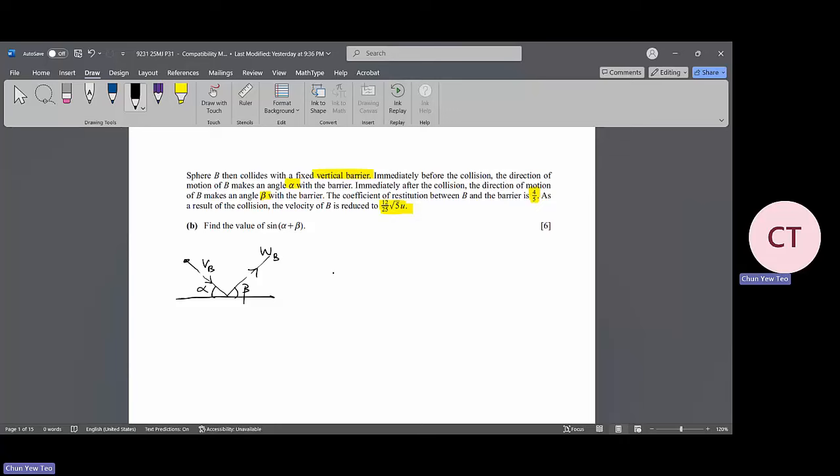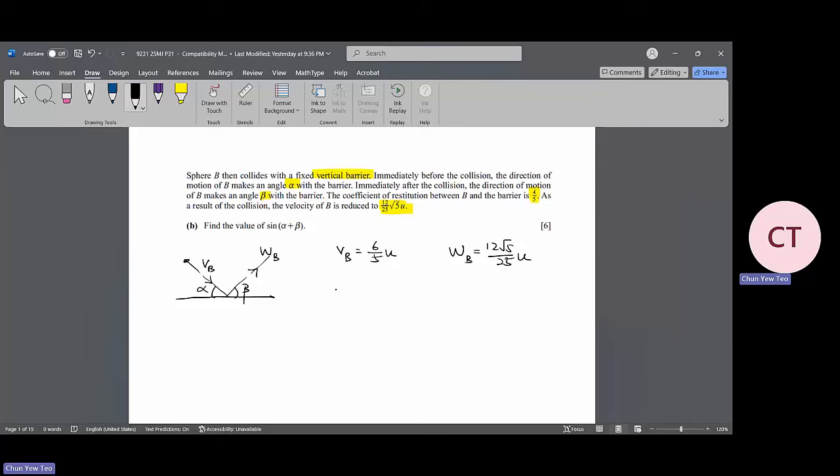So what you need to do is write down the VB and WB first. VB we already know from part A just now, the VB was 6 over 5 u. The WB is given here, after the collision the velocity is reduced to 12 root 5 over 25 u. Okay, so this is what we know.